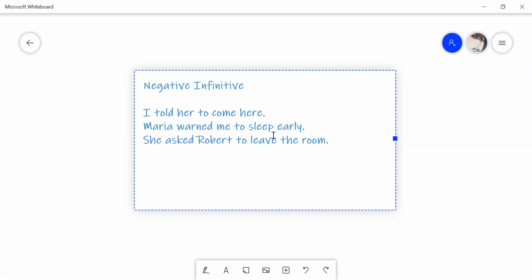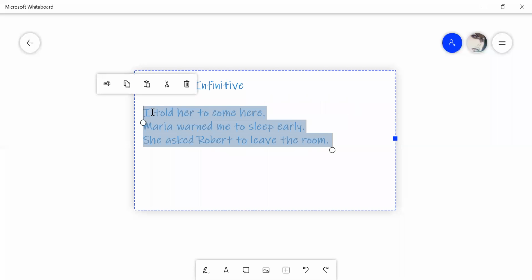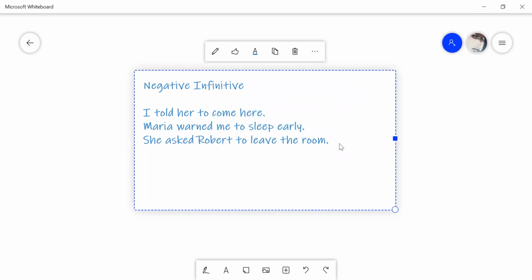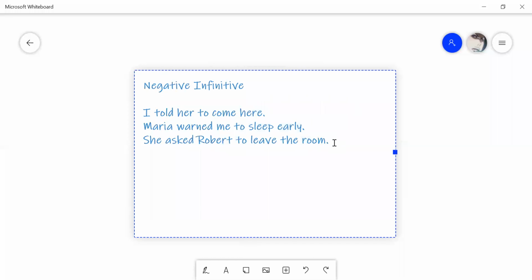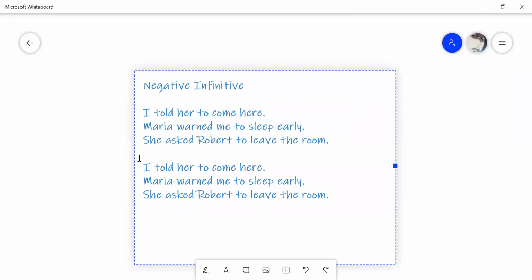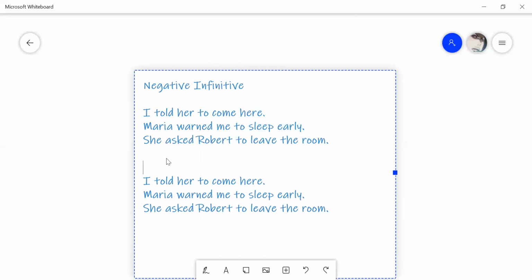What we do is only negate the infinitive, the second verb. We add the particle not. We put the particle not in front of the infinitive.